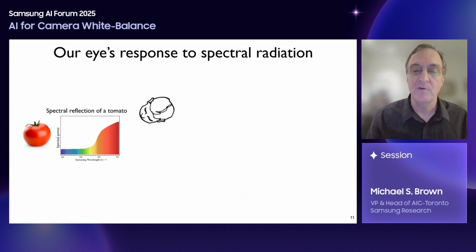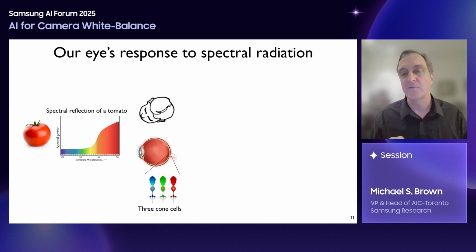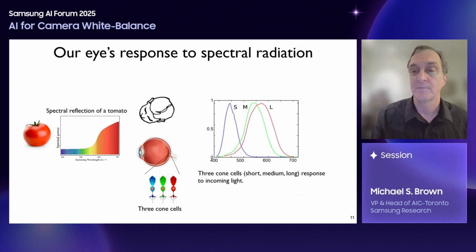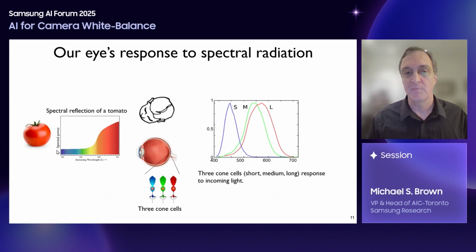Now that comes into your eye, and your eye has three cells that act like sensors. We call these the short, medium, and long cone cells. And these respond to different electromagnetic radiation differently. The short one responds to this region, the medium this region, and long this latter region.